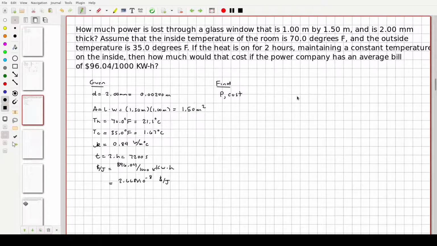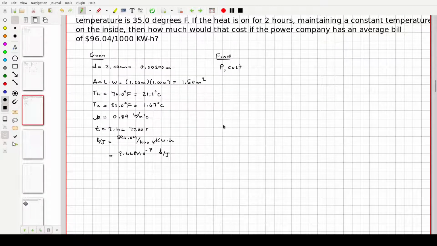All right. So, again, the power that you're looking at here is going to be K times A times delta T over D. Our K here is 0.84 watts per meter degree Celsius.